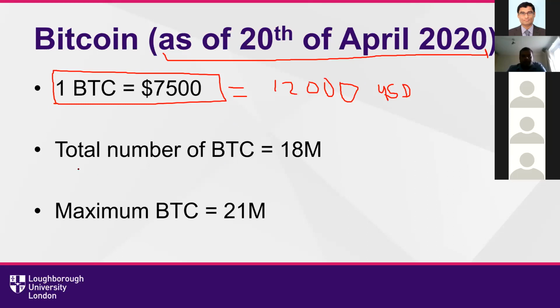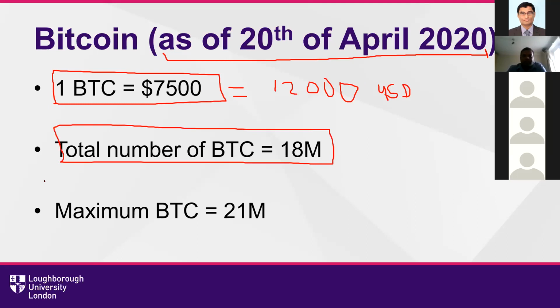As I mentioned before, currently we have 18 million Bitcoins, but the maximum we can have is only 21 million. That's the beauty of Bitcoin. Like gold, like metal, Bitcoin is limited.